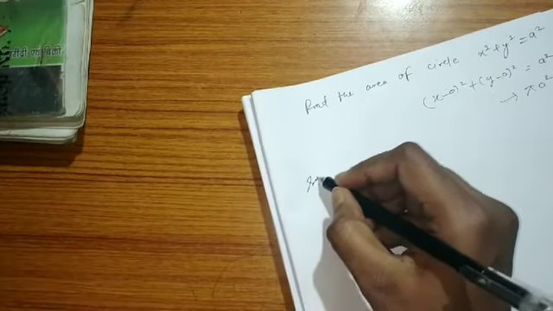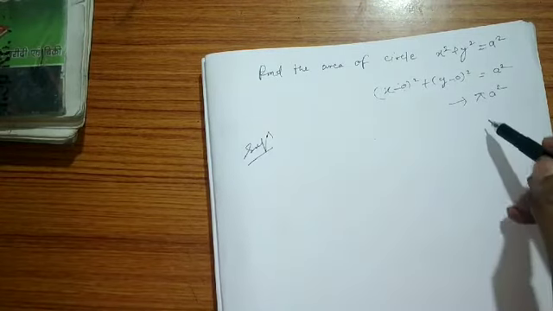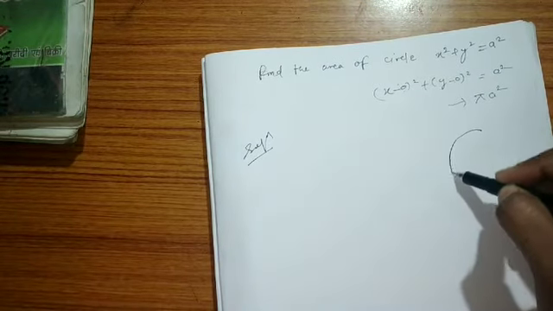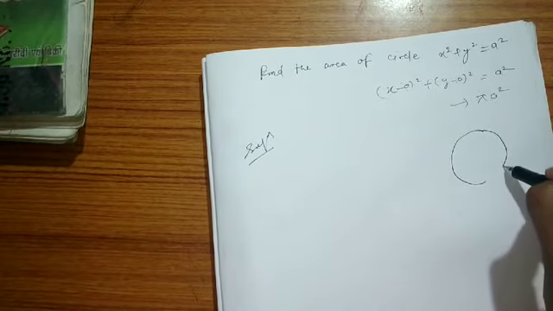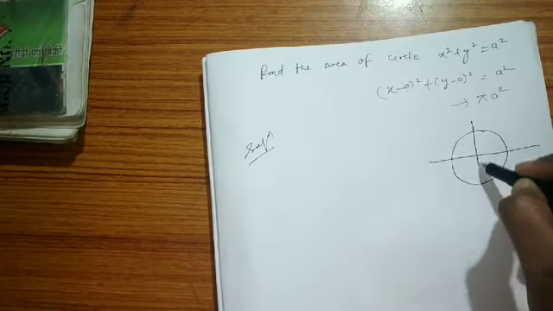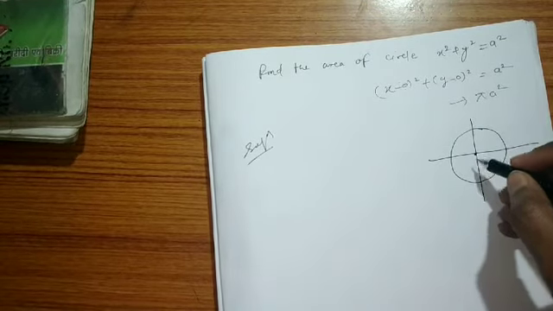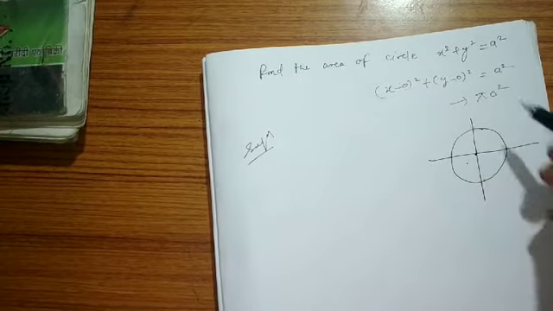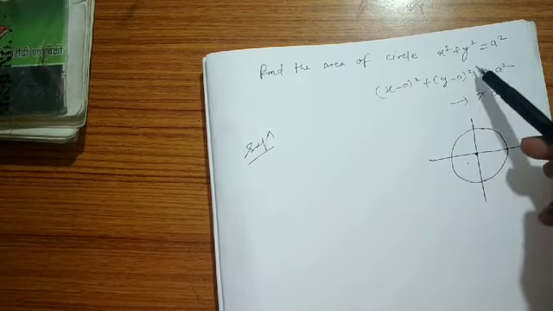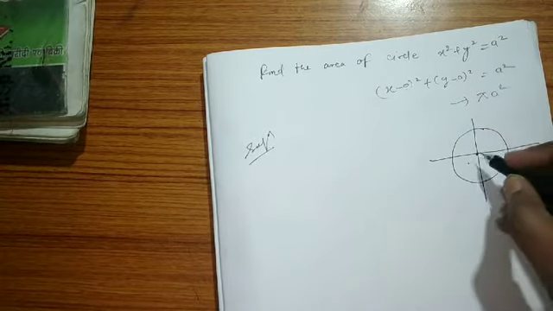So in the solution, first we will draw a figure of the circle. So this is the circle. Right. So this is the center, which is the origin. From the given equation, it is clear that the origin is the center of the given circle.